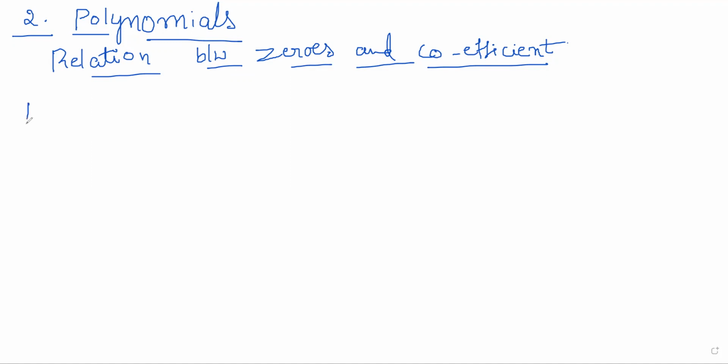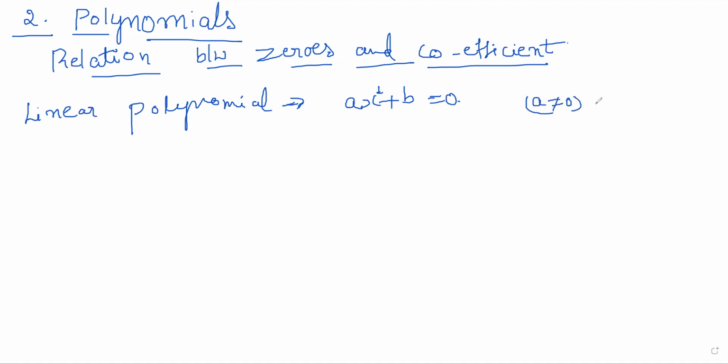So for a linear polynomial, we know the standard form is ax plus b is equal to 0. The degree of the variable is 1 here. That's why these are called linear polynomials, where the condition is that a should not be equal to 0. So degree is 1. It has 1 root or 1 zero, right?